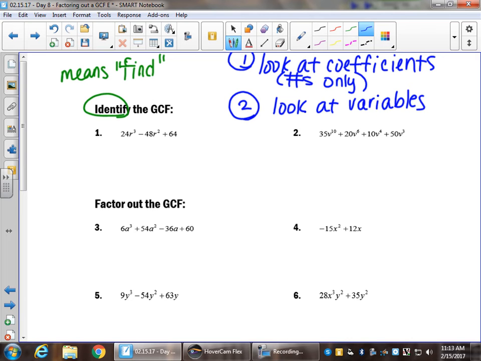Okay, so looking at number 1, we have 24r cubed minus 48r squared plus 64. Our first step is to look at the coefficients, so look at the numbers. What is the greatest common factor of 24, negative 48, and 64? What number divides all three of those?